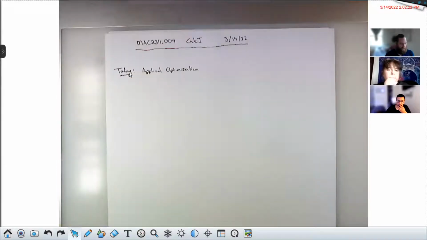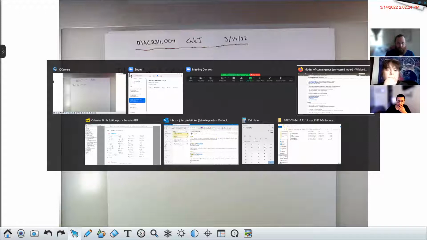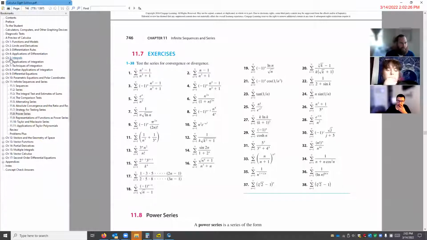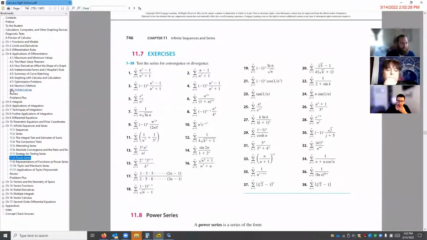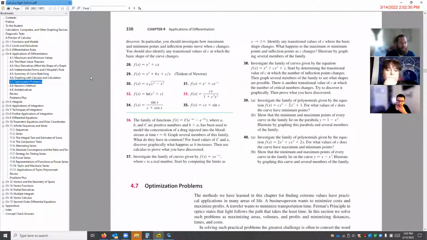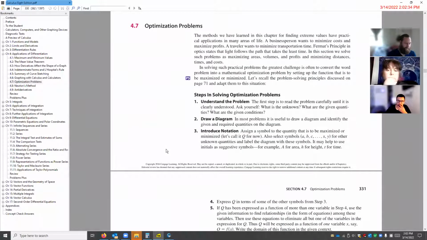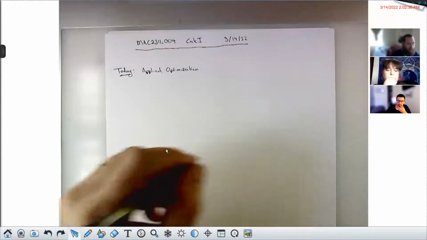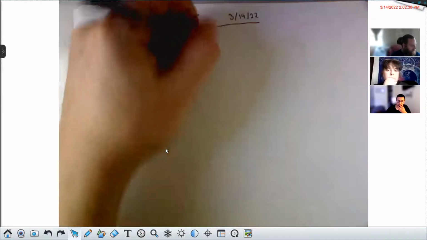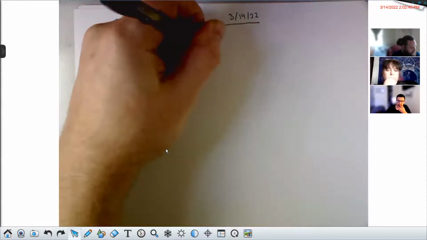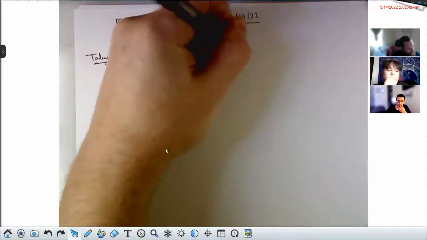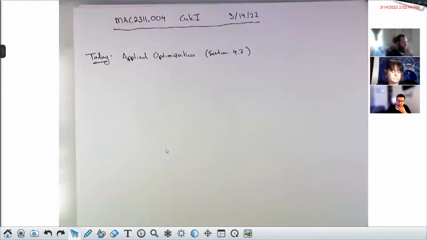I forget the section number, honestly, off the top of my head. I think it's 4.7. And your textbook just calls it optimization problems. So this is section 4.7. And this is the last section that's going to be on the test.